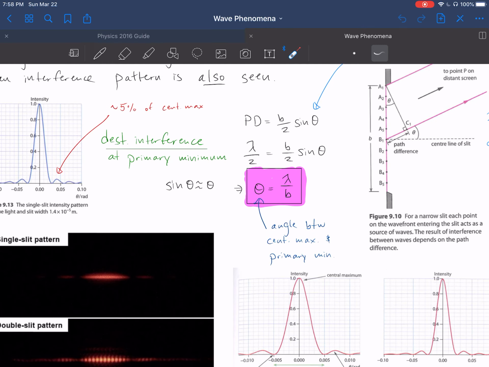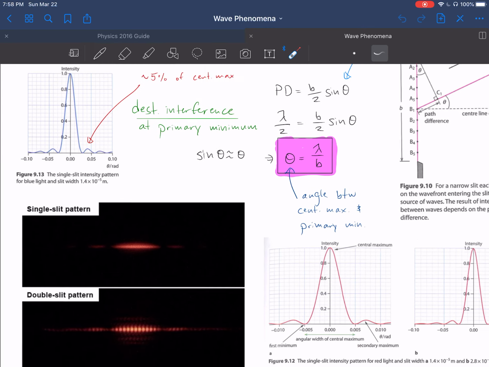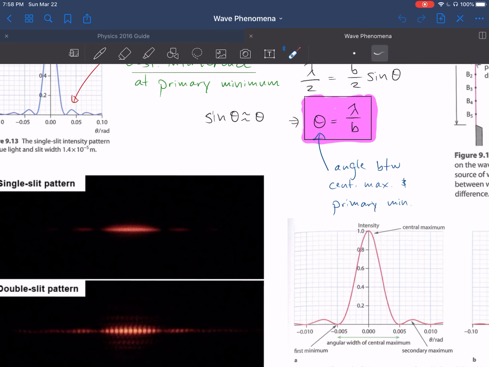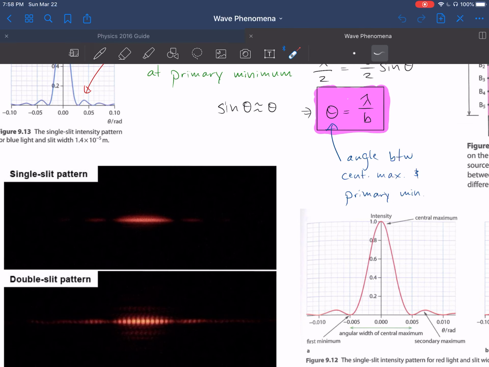We can compare this directly to the double slit phenomenon, and it's important to keep them straight. So that angle, theta, equal to lambda over b, is the angle between the center of that central maximum and that primary minimum in the single slit case. That is different from the equation in the double slit pattern.